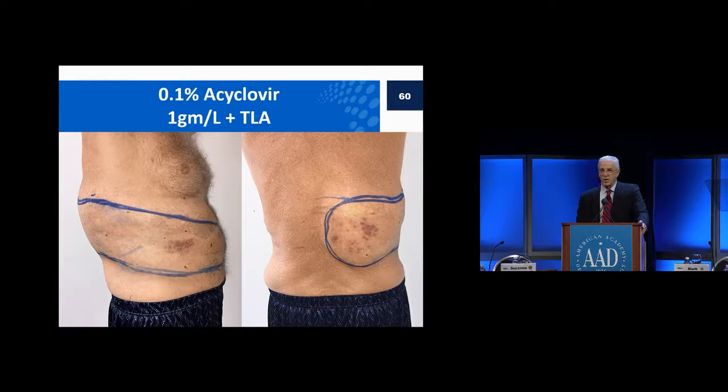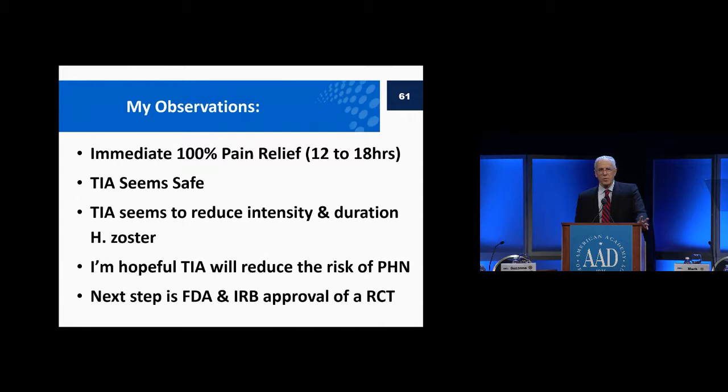The pain was gone. They came back on a daily basis for a while to get more of this because it was so comforting. And my impression with these 3 patients is that besides the immediate pain relief, it does seem to be safe. It seems that it reduces the intensity and duration of zoster, and I'm hopeful that perhaps we can use this to reduce the risk of post-herpetic neuralgia, especially in patients who are immunosuppressed. So the next step is applying for an IND to do a little clinical trial of this.